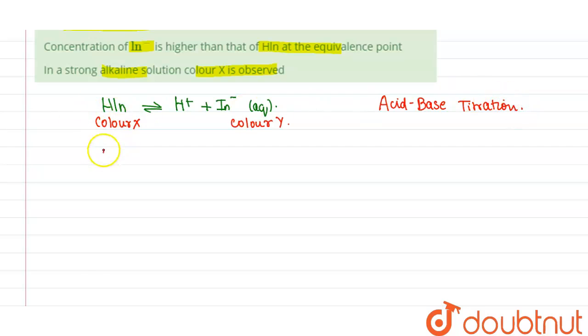Now we can see this HIN gives H positive, that means it is acidic, so base will be present to absorb it.